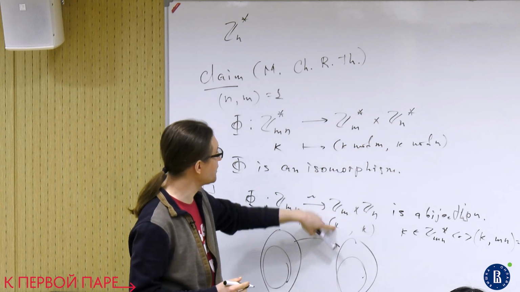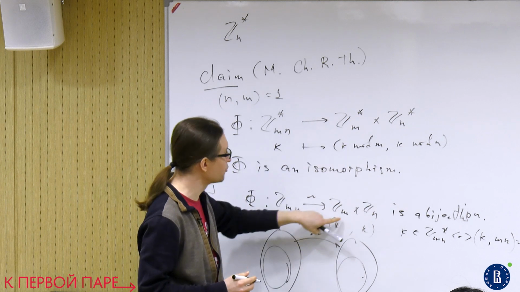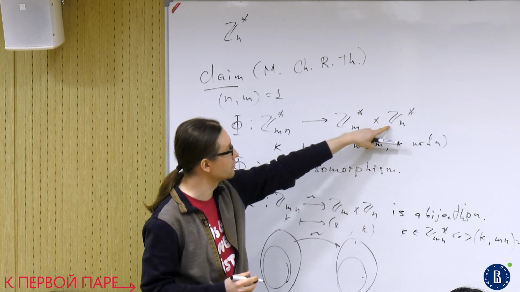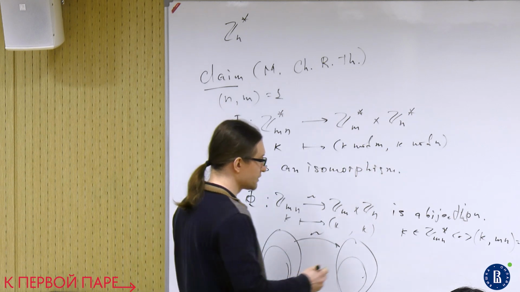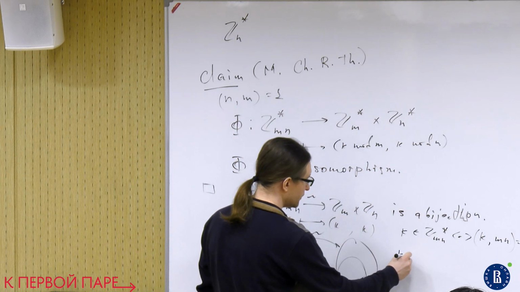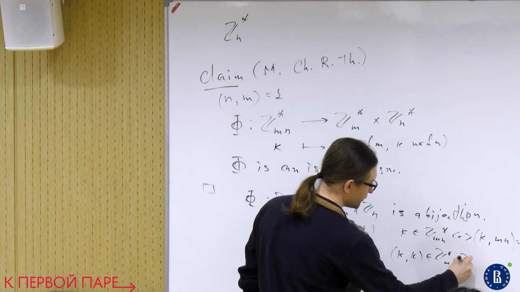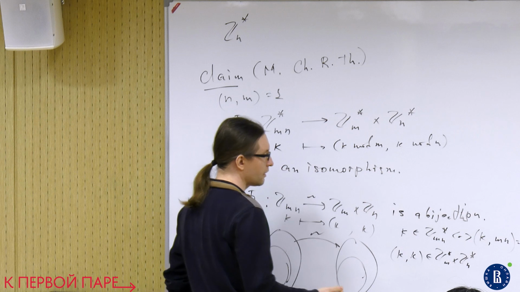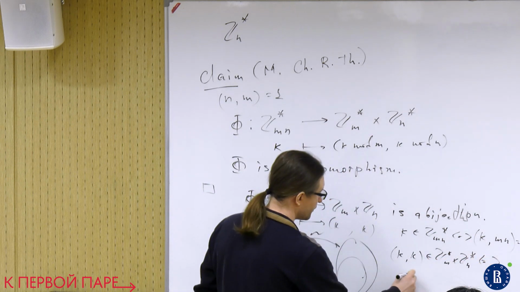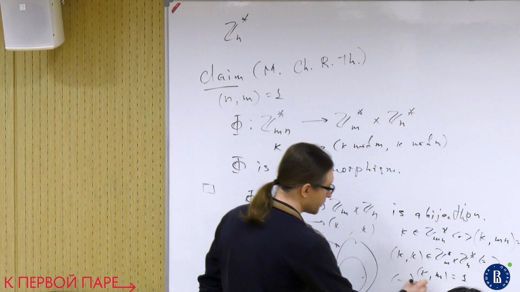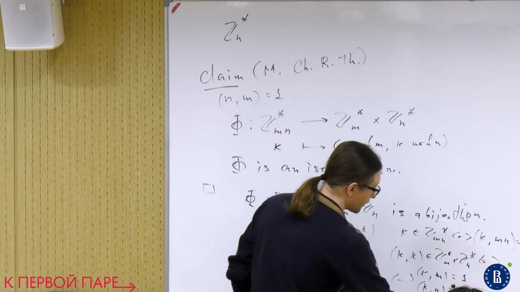It means that k modulo m belongs to Z_m star, and k modulo n belongs to Z_n star. This is the same thing as to say that k and m are coprime and k and n are coprime.